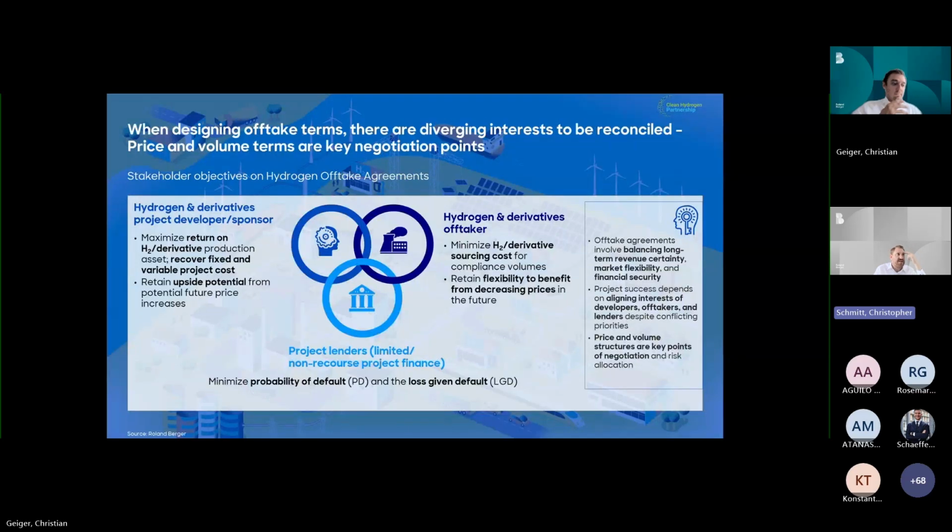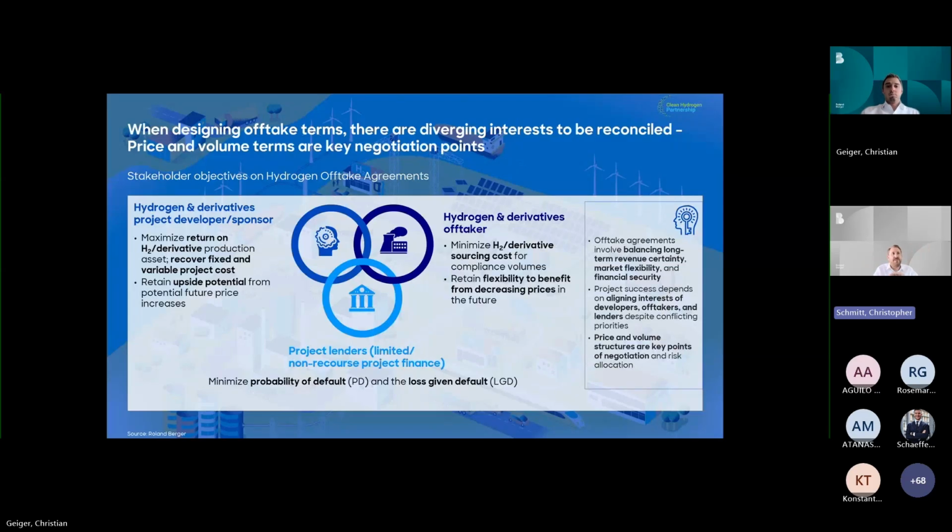And ideally, on top of that, typically the asset owners would also like to retain at least some upside potential in case the price of green hydrogen increases in the future. They would like to be able to participate in that.